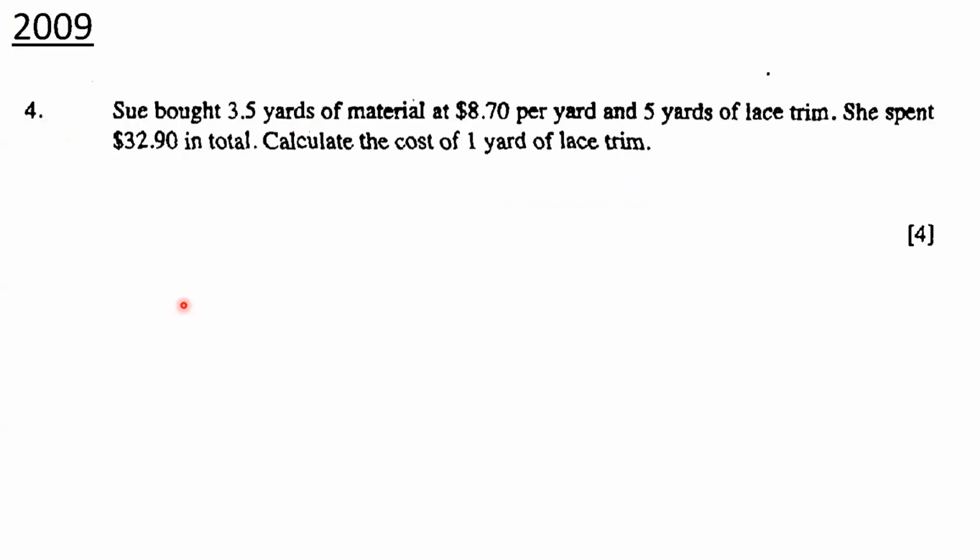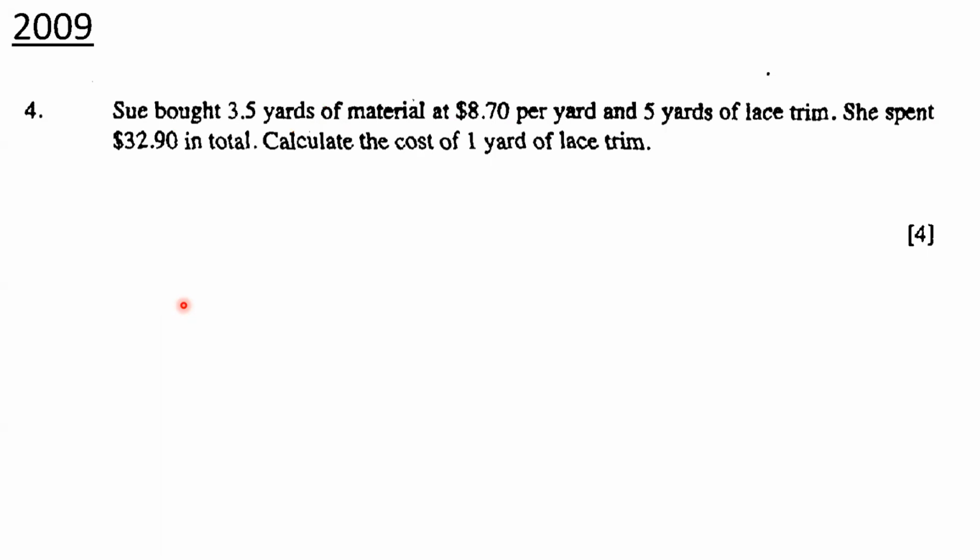Okay, this question says Suzanne bought 3.5 yards of material at $8.70 per yard and 5 yards of trim. She spent $32.90 in total. Calculate the cost of 1 yard.